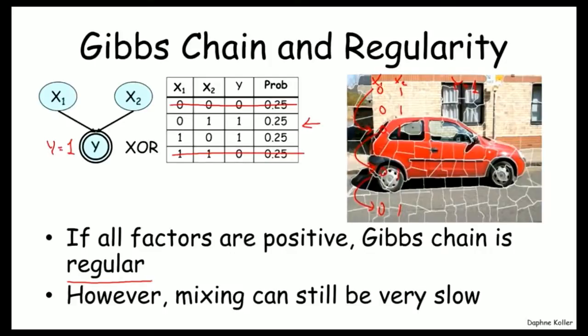Imagine that we're trying to resample the class of this superpixel here, and that we have some fairly strong potentials that tell me that the class of this superpixel should be very highly correlated with the class of its adjacent superpixels because of the appearance being very similar to each other. So I have a pairwise Markov network with some very strong potentials that try to enforce consistency between adjacent superpixels.